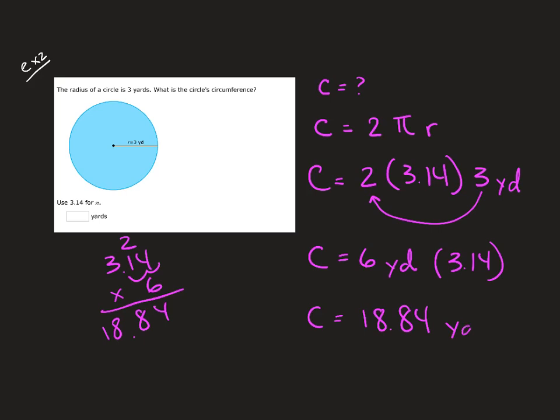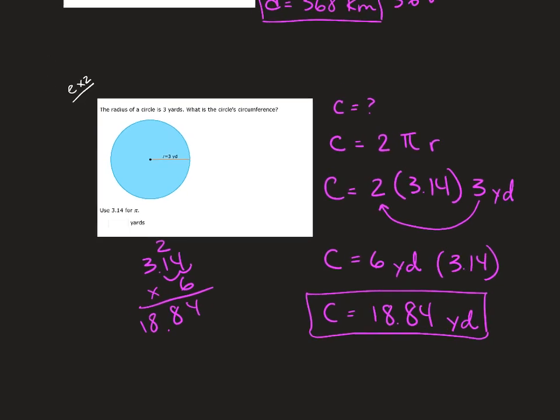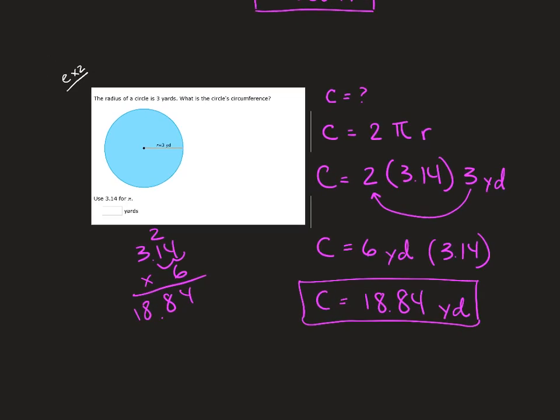18.84 yards. Guys, if you can't see, remember you want to log out and come back in, and that usually helps a lot. So remember, we're living at a time when everyone's on the internet pretty much at the same time, or at least a lot of people are. What that means is that our system was not prepared to handle this kind of strain on the system, and as a result, we're losing internet when we normally would never have lost internet.